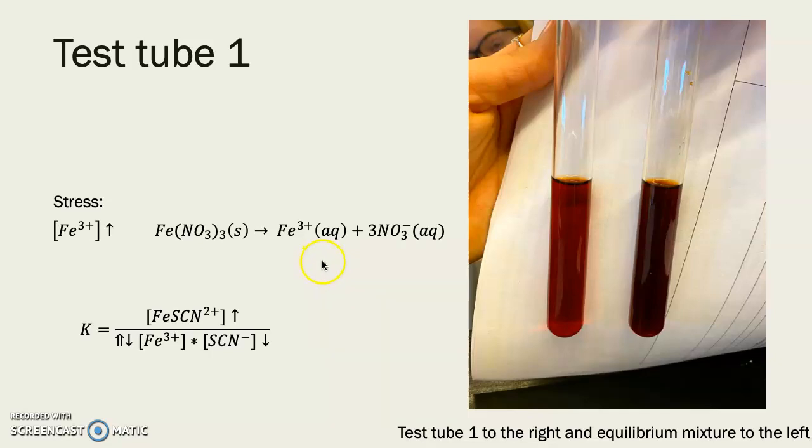And in reference to our experiment, we can look at test 2.1. We added 1 spatula of iron(III) nitrate, a solid, which increased the amount of iron(III) ions.